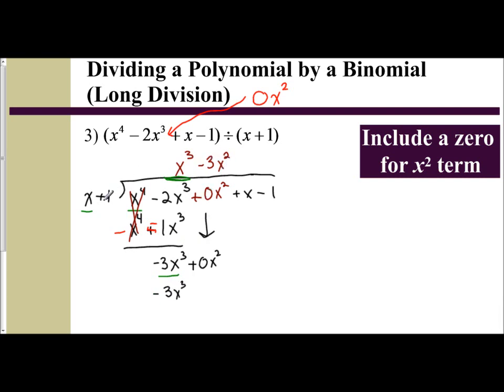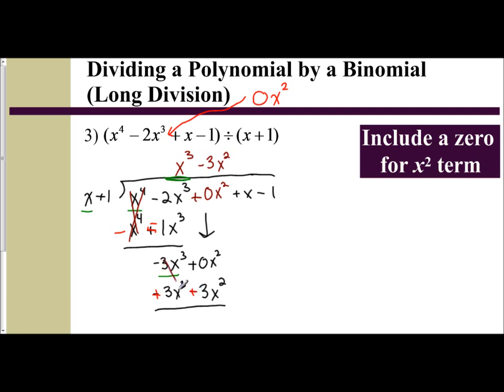Negative 3x squared to 1 is a negative 3x squared. So the whole point is to subtract that expression. So let's change all the terms to the opposite. So the negative 3x cubed becomes a positive 3x cubed. The negative 3x squared becomes a positive 3x squared.